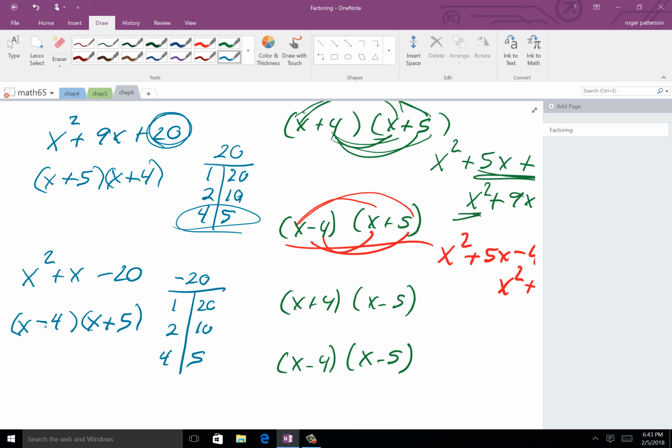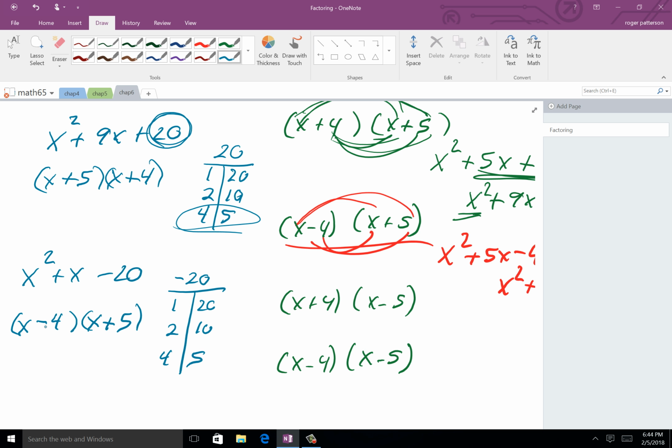So we want it to be positive, and the only way that's going to happen is if we make the largest number positive. All right? Will that always go that way? The largest number goes positive? In this situation. So these two things are different situations because this is a plus 20, right? And this is a minus 20.